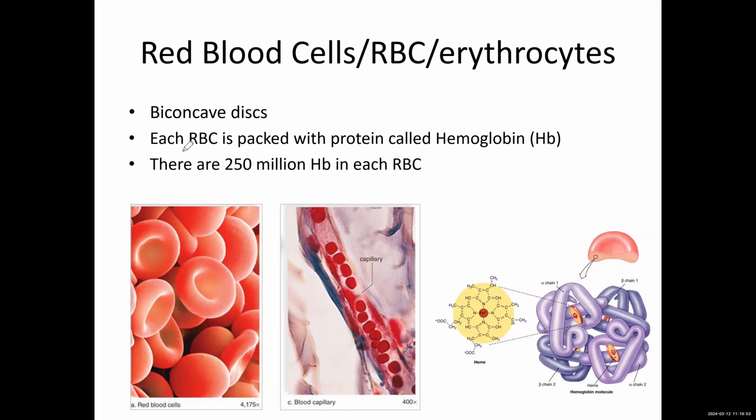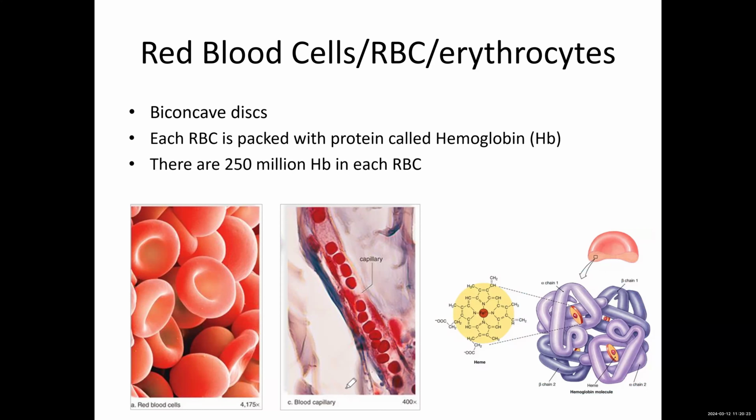Now, each RBC is packed with a protein called hemoglobin, or Hb. On this picture, you see the structure of hemoglobin. Of course, this is a cartoon picture, and this is a chemical structure of the heme group, but we will look at hemoglobin in a minute. Most of the volume of red blood cells is actually hemoglobin.